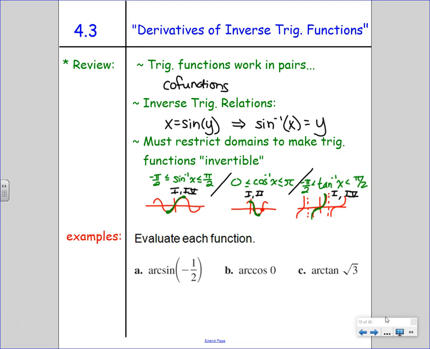So, derivatives of inverse trig. What you have up there is pre-cal stuff from inverse trig. It took us quite a few days of pre-cal to get through all of that. I just went ahead and sketched the graphs really quickly.